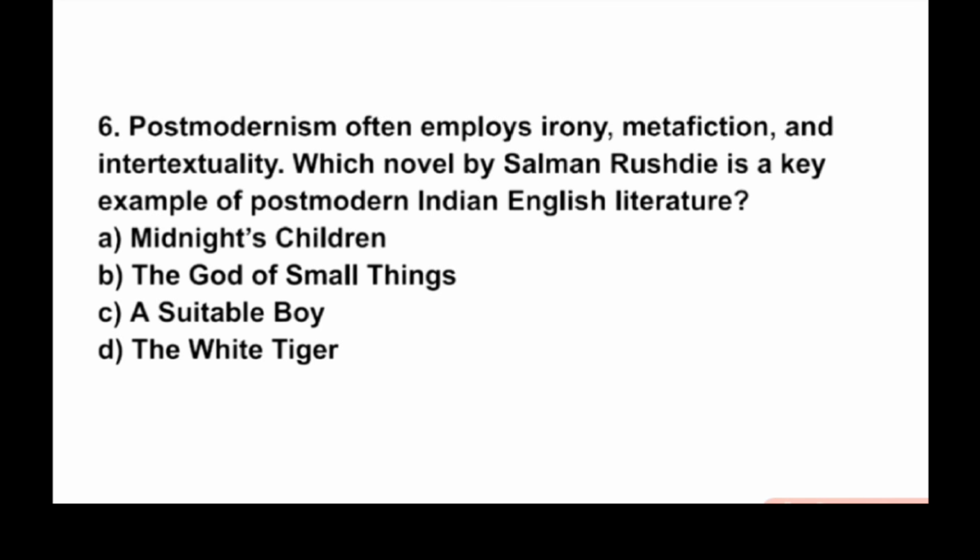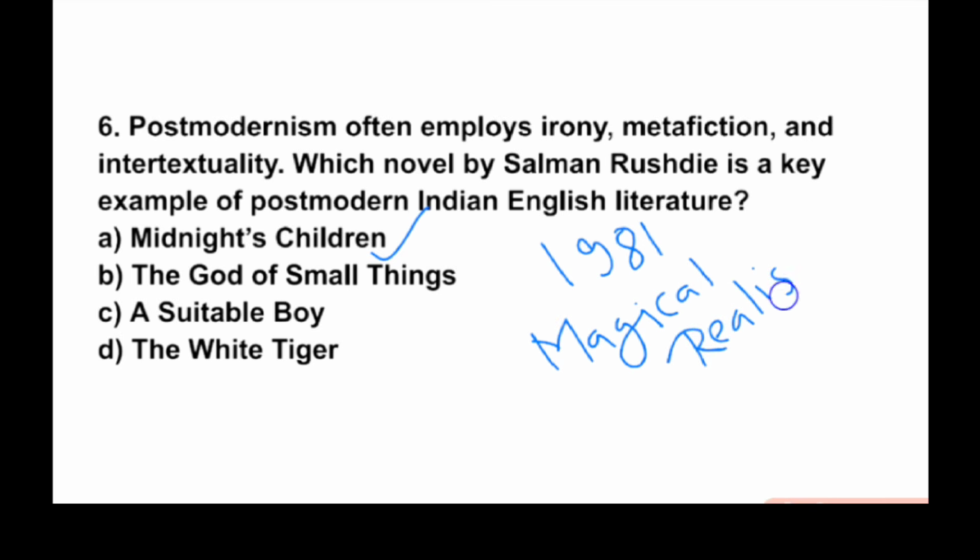Obviously, option A is the correct answer, Midnight's Children. Rushdie's Midnight's Children, 1981, uses magical realism, metafiction, and historical allegory, making it a cornerstone of postmodern and post-colonial literature.